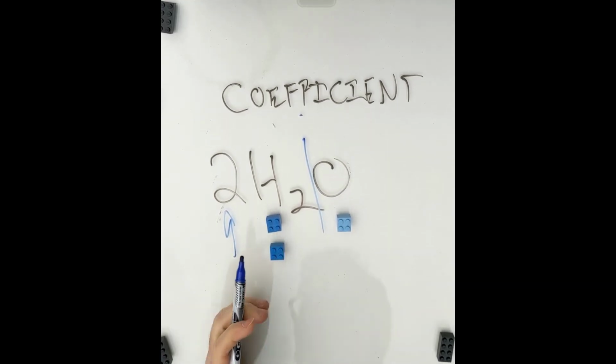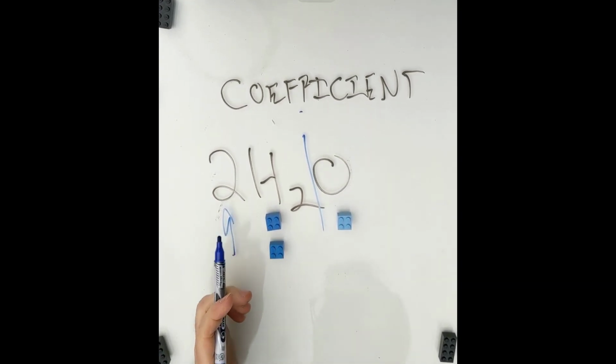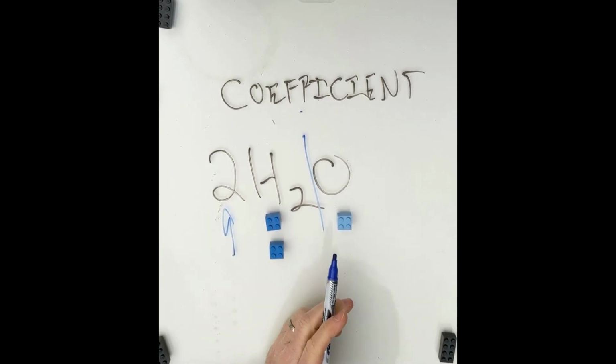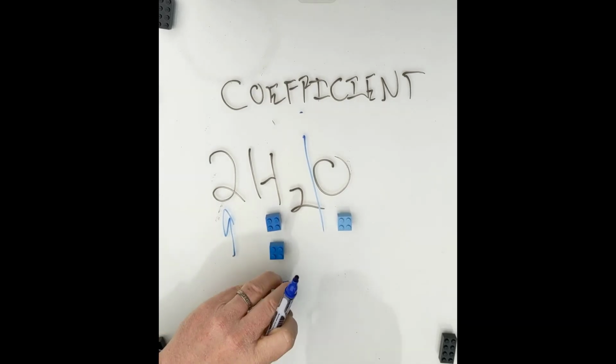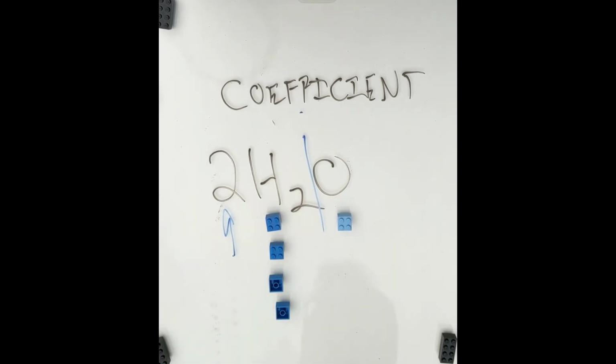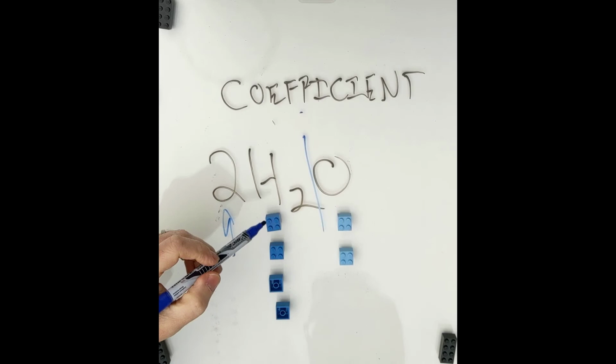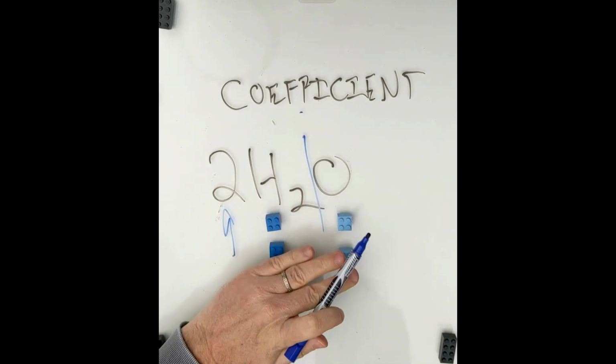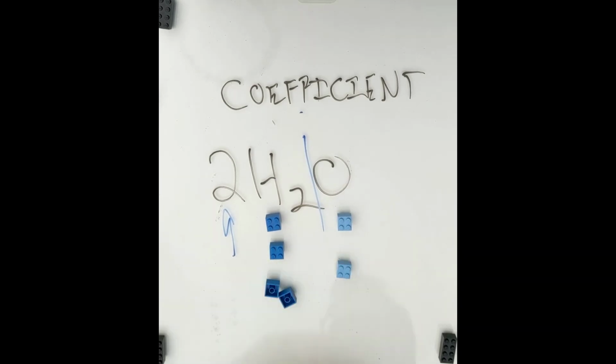What we're really saying when we use a coefficient is that we have 2 units of water, and 1 unit of water is H2O. So 2 units of water has 2 hydrogens, well, a total of 4 hydrogens and a total of 2 oxygens, right? Because it's H2O twice. Okay, that's what that means. It's H2O twice.